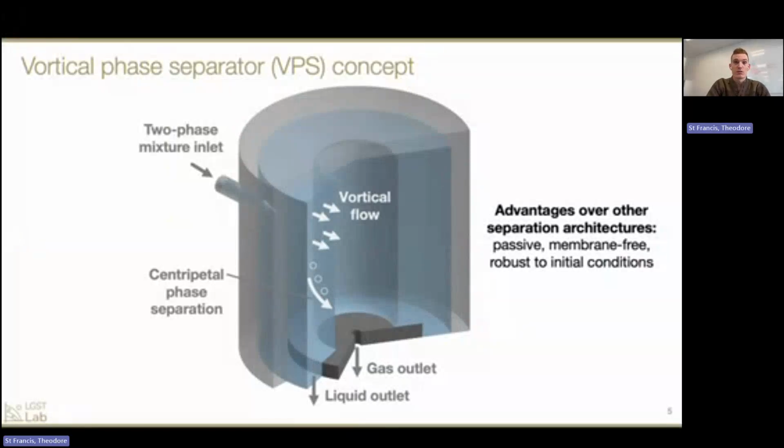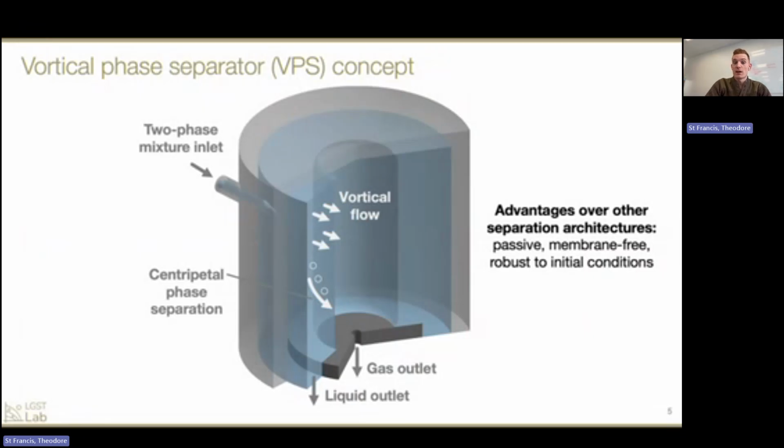The vortical phase separator is one phase separation architecture which doesn't require the presence of membranes to separate gas from liquid, nor does it require power except for the pressure drop through the device.